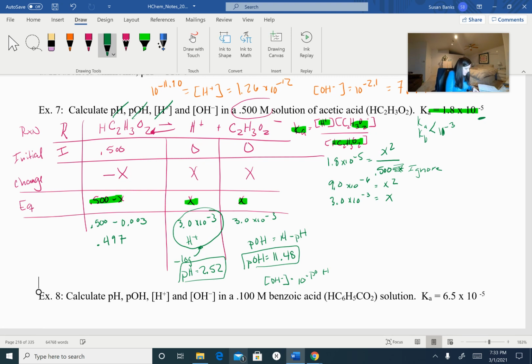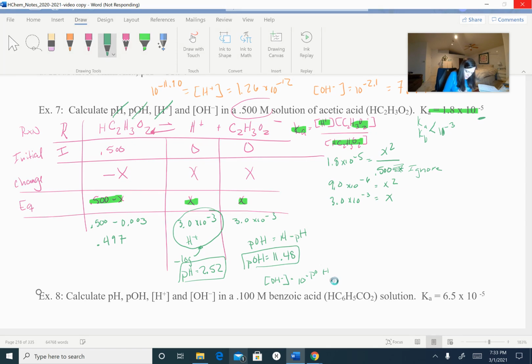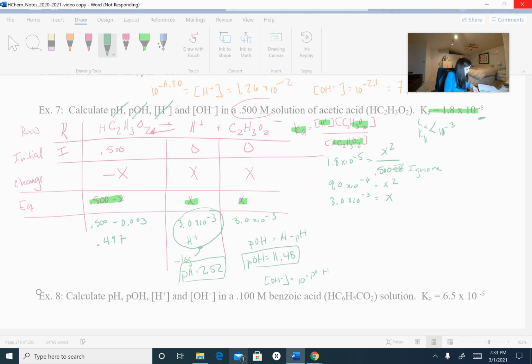So if I do 10 caret key, this is giving me 3 times 10 to the negative 12.